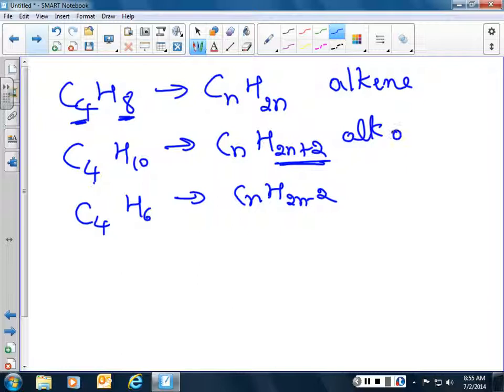And this one is double minus 2. Sign is double minus 2. And verify this. Whatever you did previously, just check. Does it match?